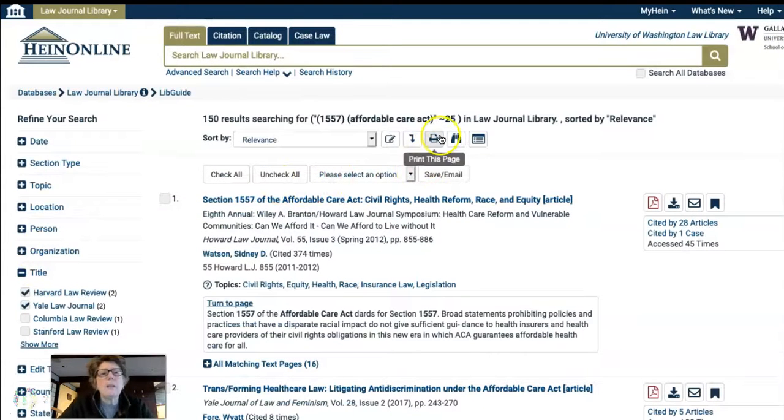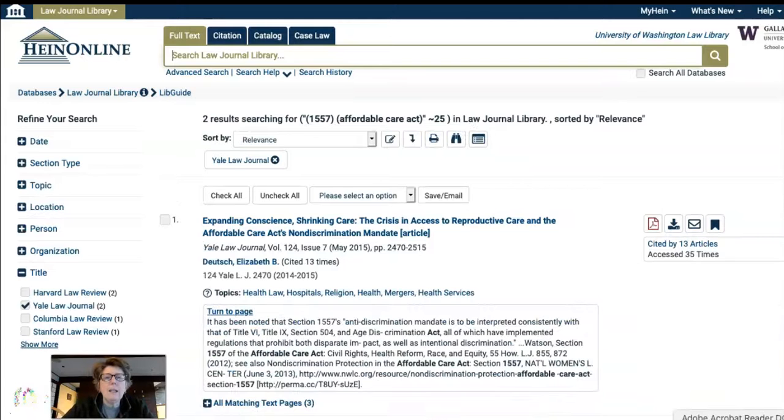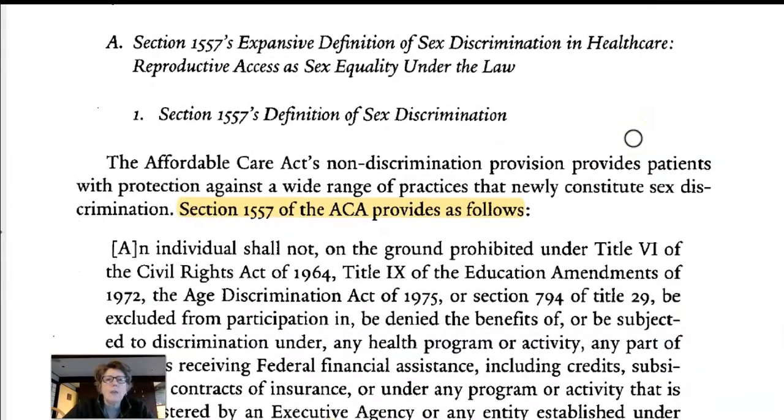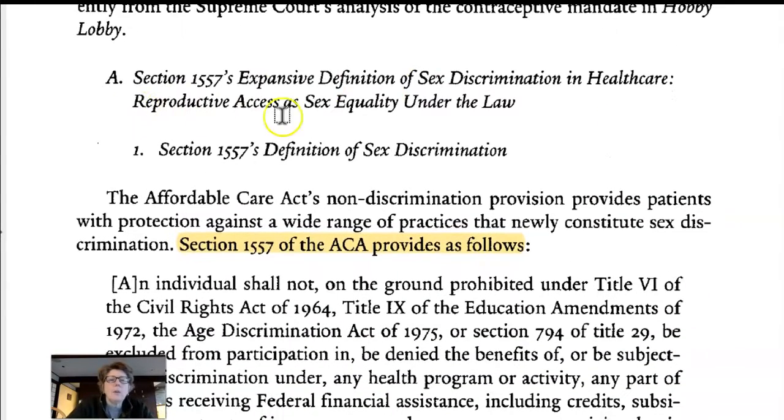Now, just to make things a little bit faster, I saved those into PDFs so we can look at them. Here's the one from the Yale Law Journal. The author goes on and discusses a lot of issues and then has a whole section discussing Section 1557.